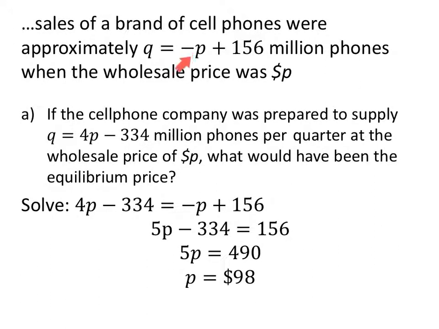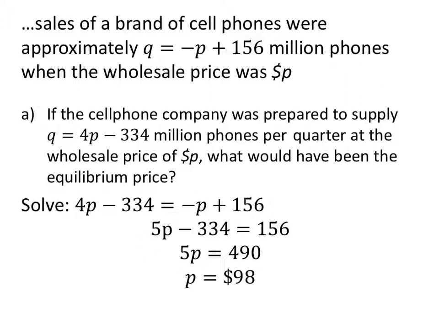The demand, or the sales, right? Sales, that's how many were demanded, was negative P plus 156 million phones. The supply was 4P minus 334 million phones. Equilibrium, I'm going to set the two equal to each other. So let's add P to both sides. 4P plus P is 5P. And here I decided to do two steps. So I have 5P minus 334 equals 156.